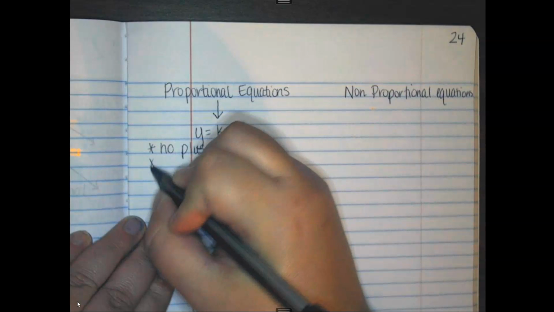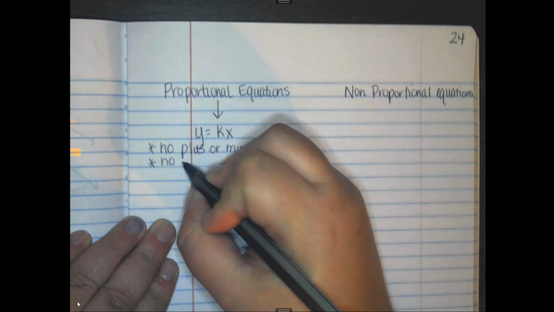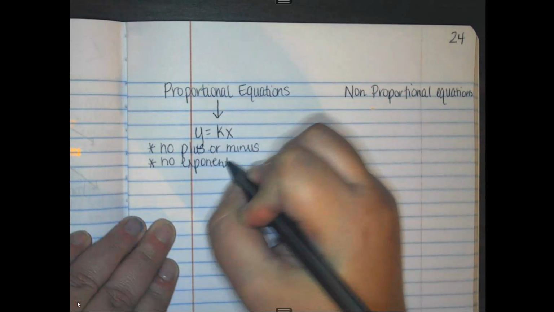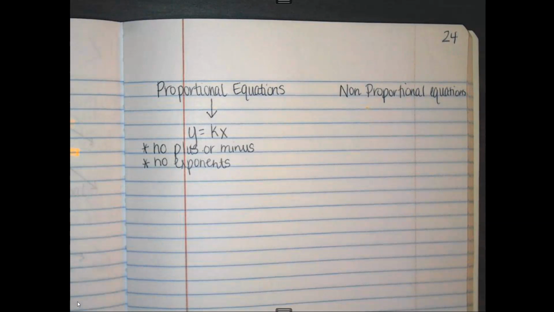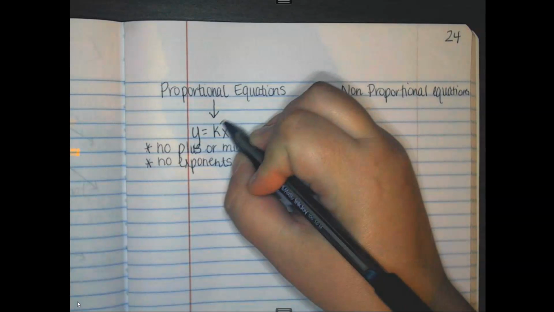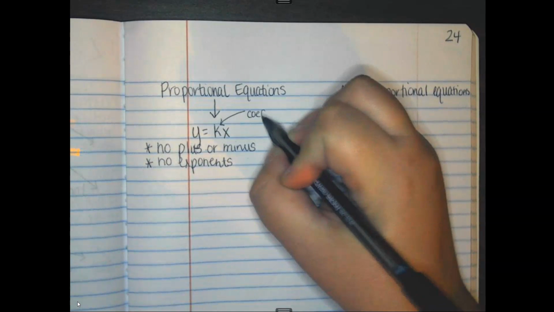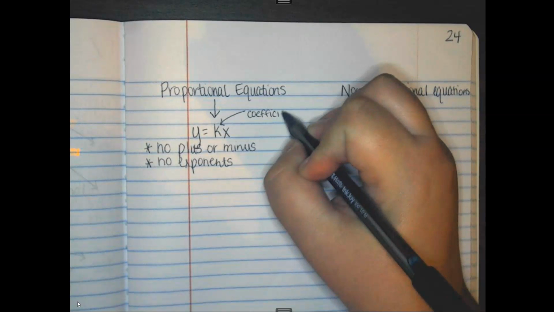We're going to have no exponents. It's going to be straight up y equals a coefficient and x. And I want to point to that k and put that it is a coefficient. So a number is going to fit there.